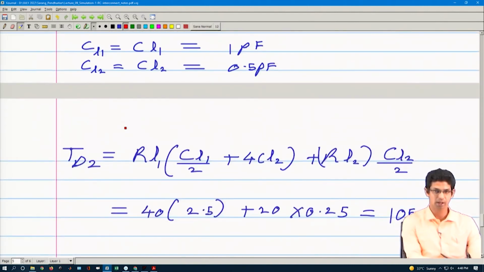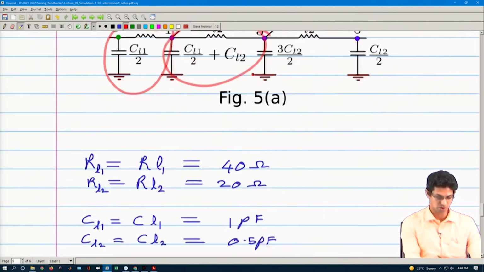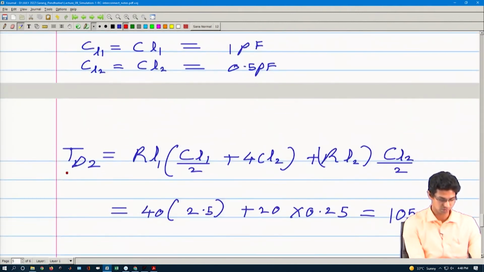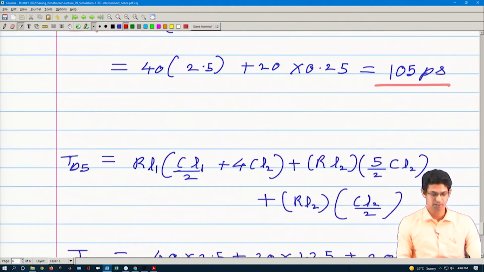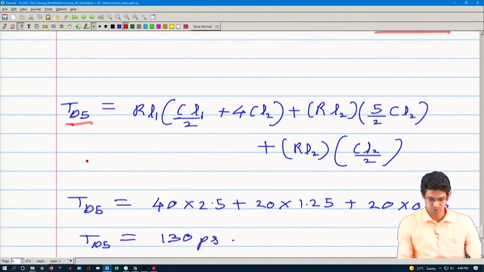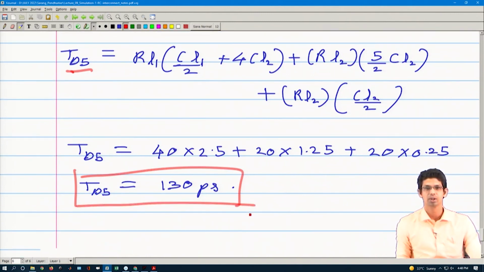So, here if I compute the Elmore delay between, say, input and output at point 2, your delay T d 2 would be something like this, and then T d 5 would come out to be something like this, right.